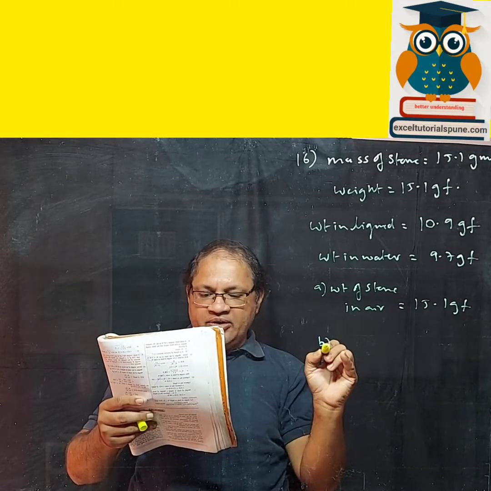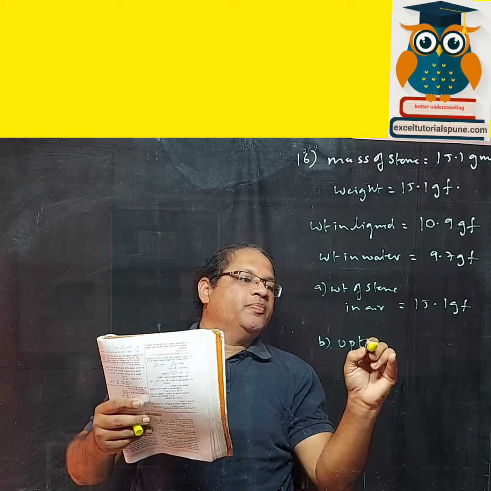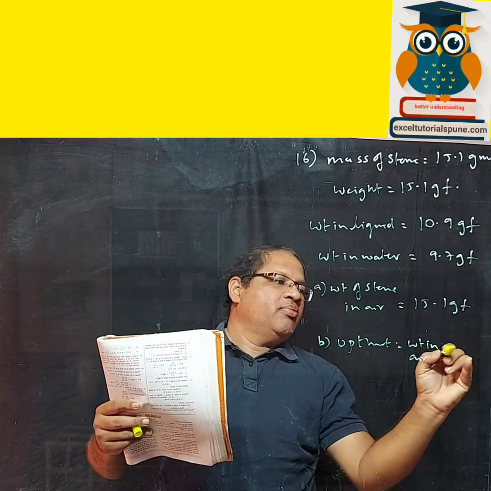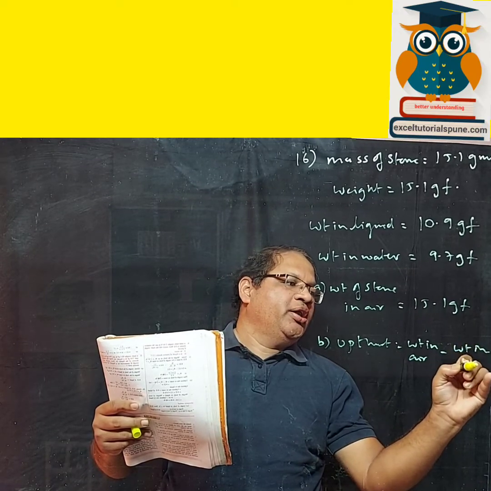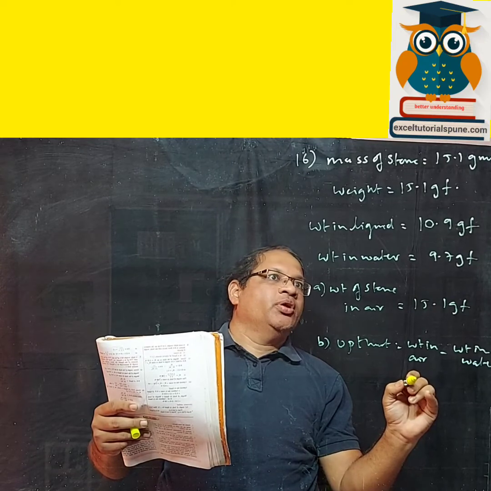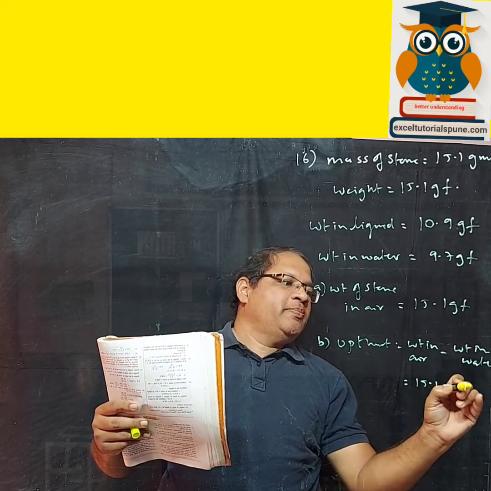Now the second part, volume. So first we find out the upthrust for finding out volume. Upthrust is equal to weight in air minus weight in water. Okay, so weight in air is what? 15.1. Weight in water is 9.7.